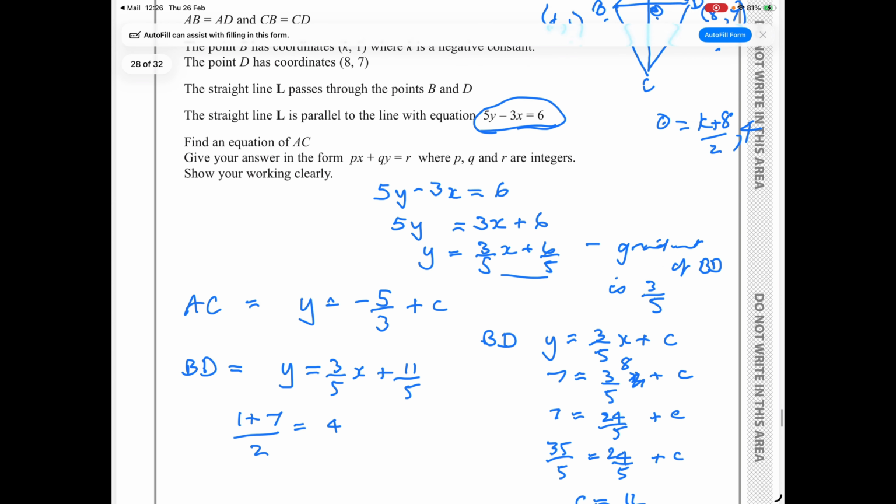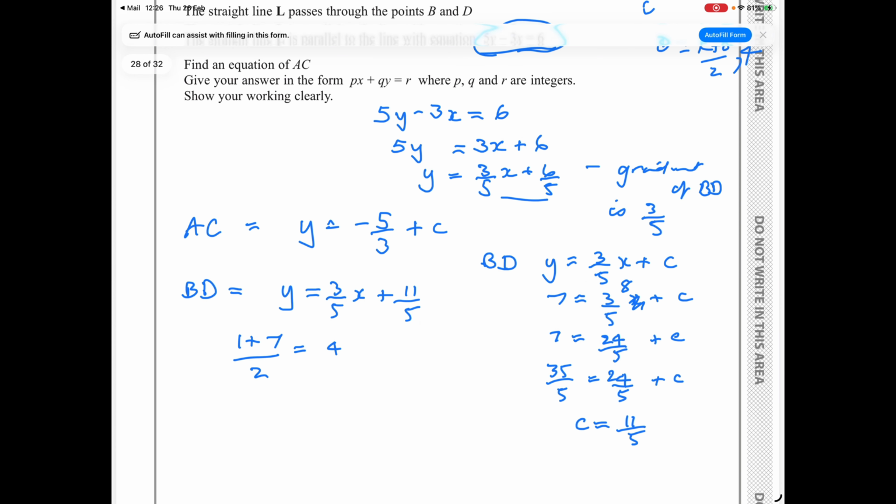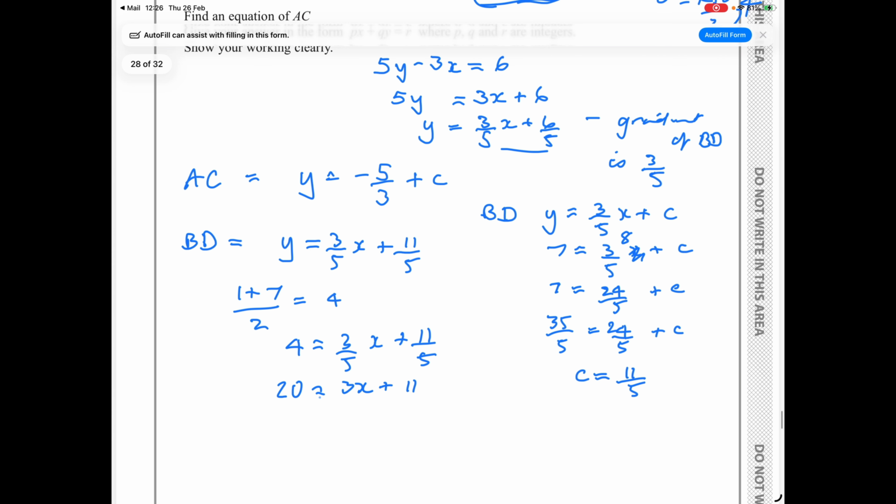And we can find out what k is by now substituting the 4 into here. So 4 equals 3/5 x plus 11/5. And that would equal 20 equals 3x plus 11. So 11 from 20 is 9 equals 3x.